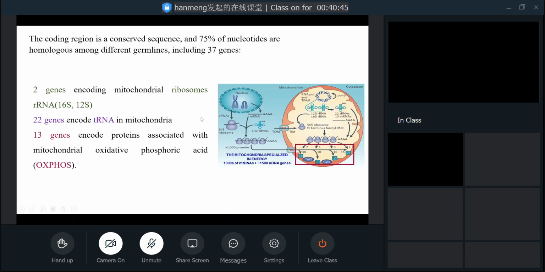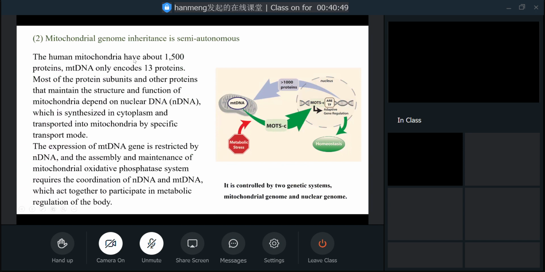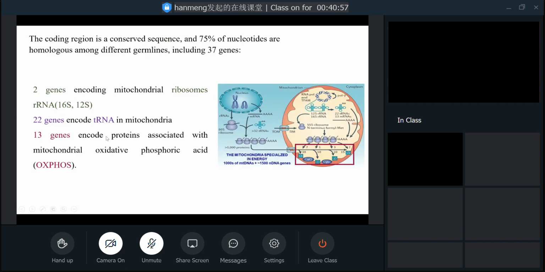Actually, the human mitochondria has about 1,500 proteins, but only 13 proteins are encoded by the mitochondria. So more than 1,000 proteins are encoded by the nucleus and then transported to the mitochondria to carry on their function.